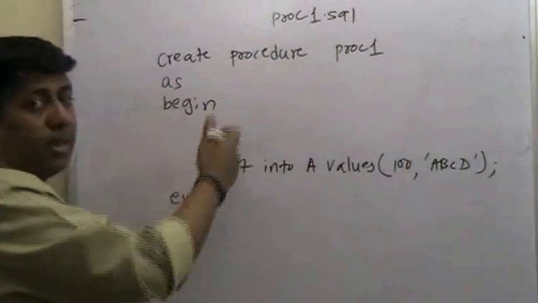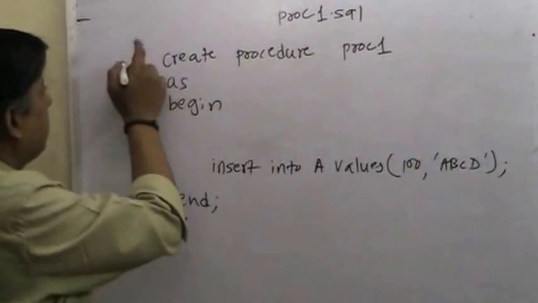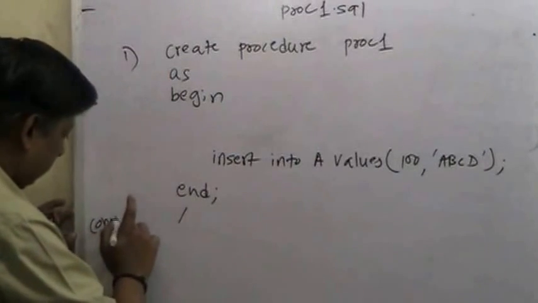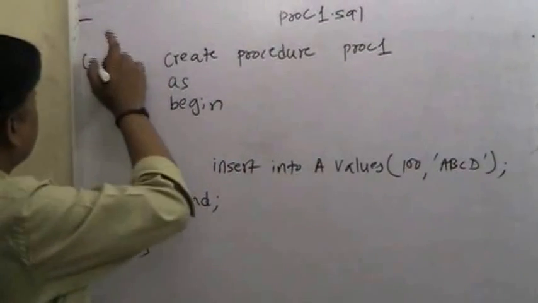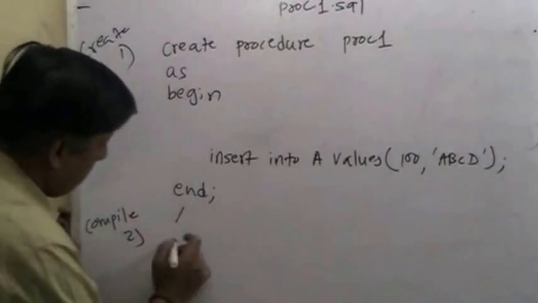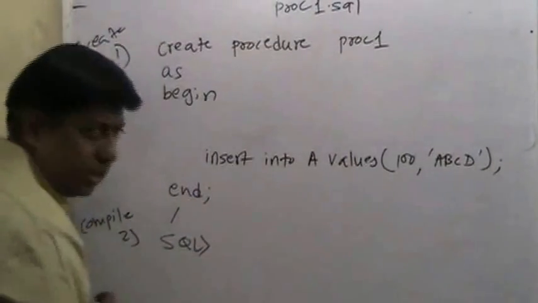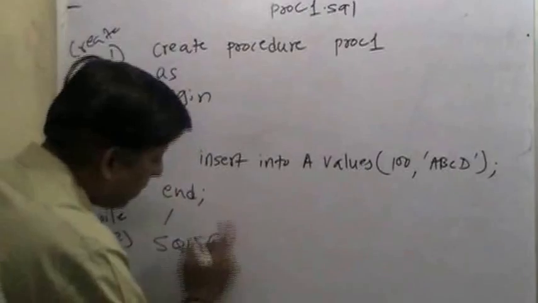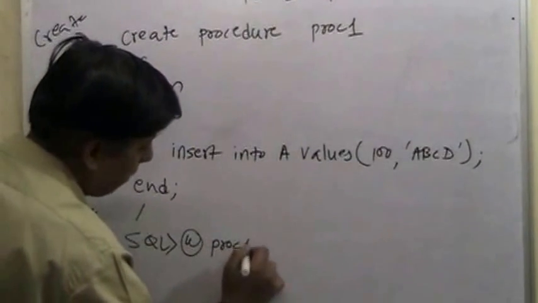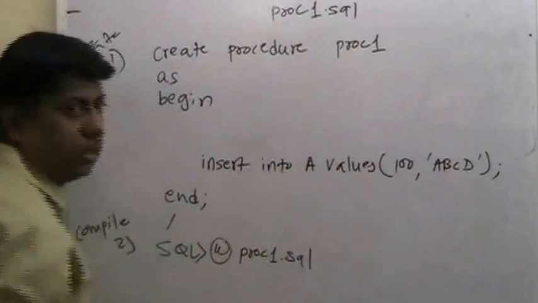Now how do you compile this? First step is to create. This is step number 1. Second step is to compile. First is to create. Create means just write the code. How do you compile? You go inside SQL Plus and you type the command @ and the name of the file, proc1.sql.